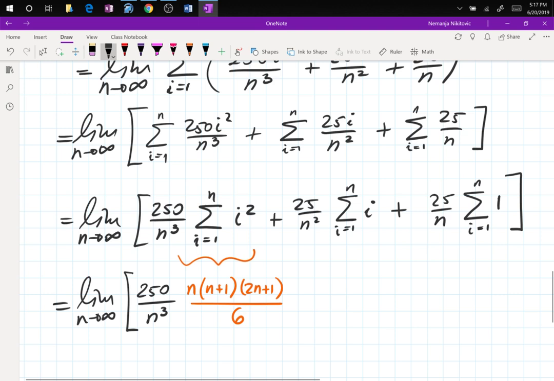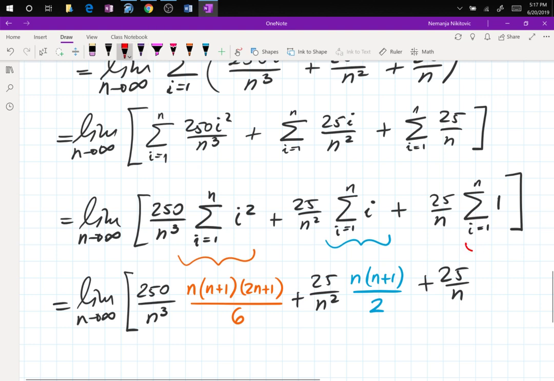Then we have plus 25 over n squared, and this one over here becomes n times n plus 1 over 2, and then plus 25 over n, and this one just becomes n.